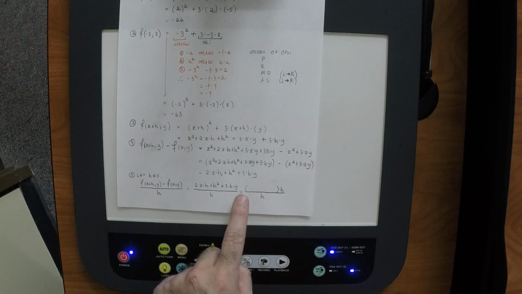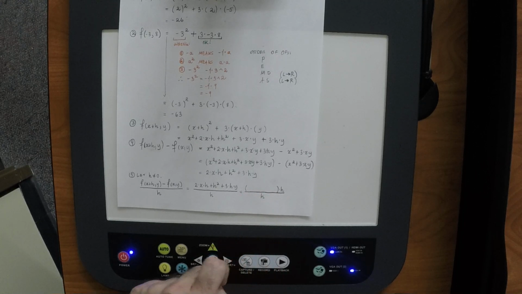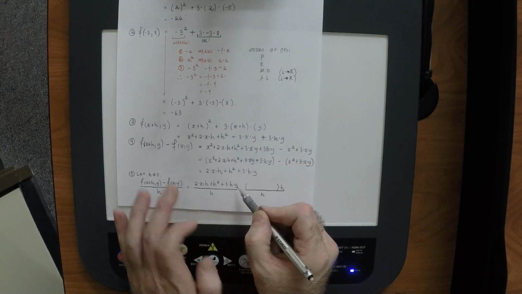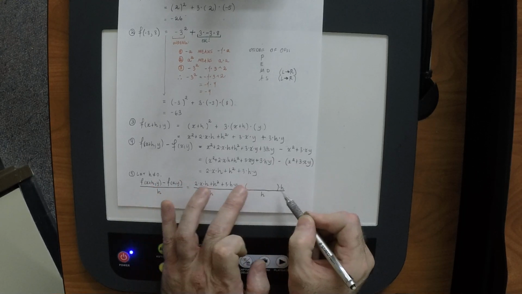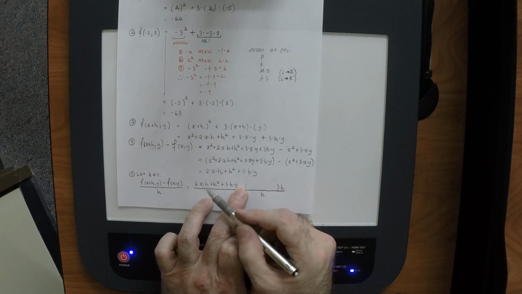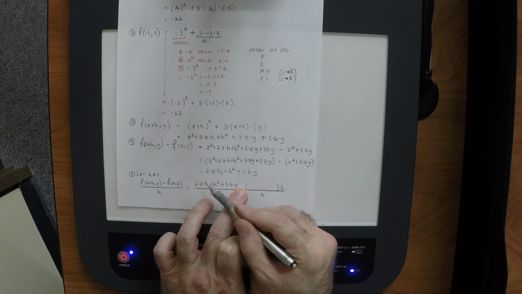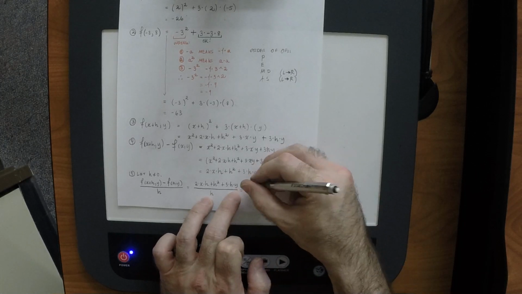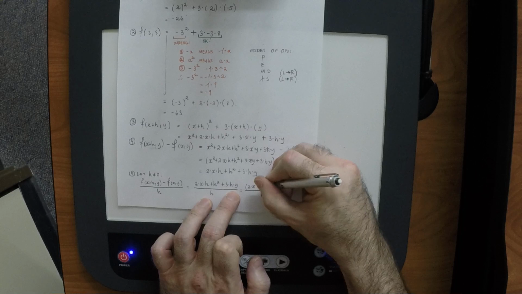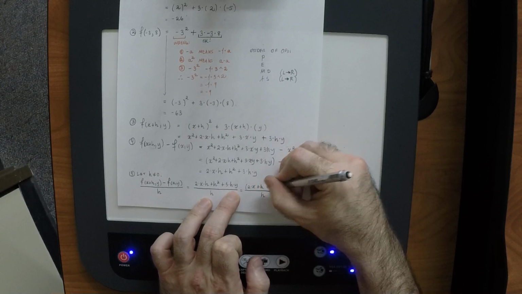What do you think? If I want to take an h out of the numerator like that, what do I have to write in here? It'd be 2x, right? So 2x plus h plus 3y.